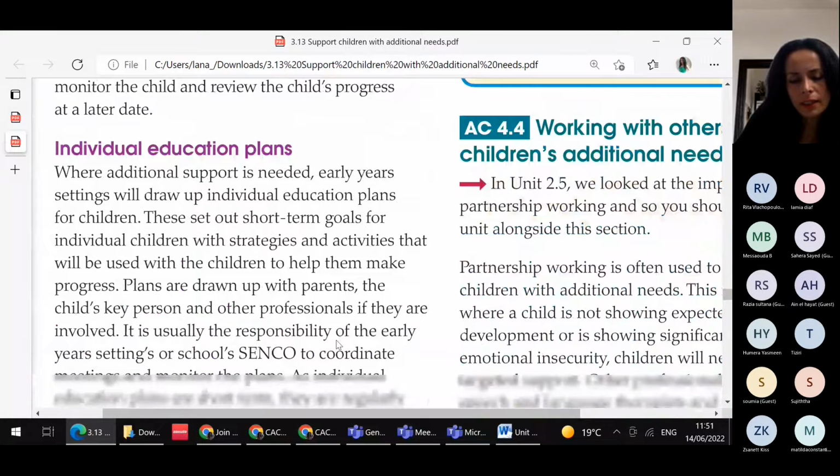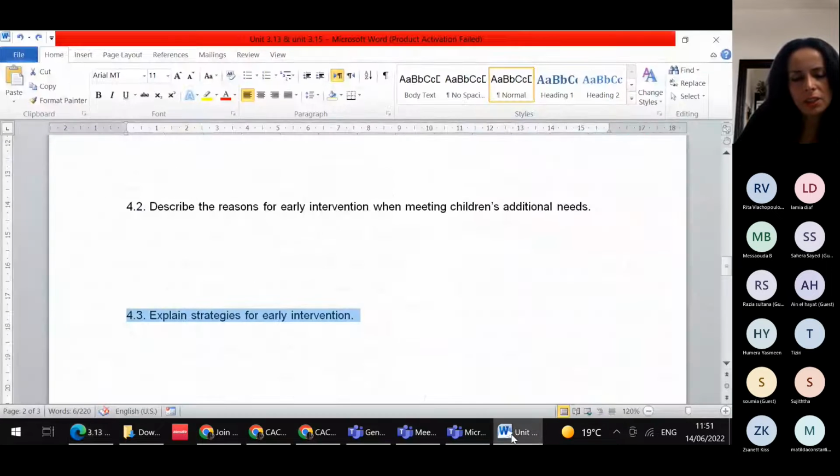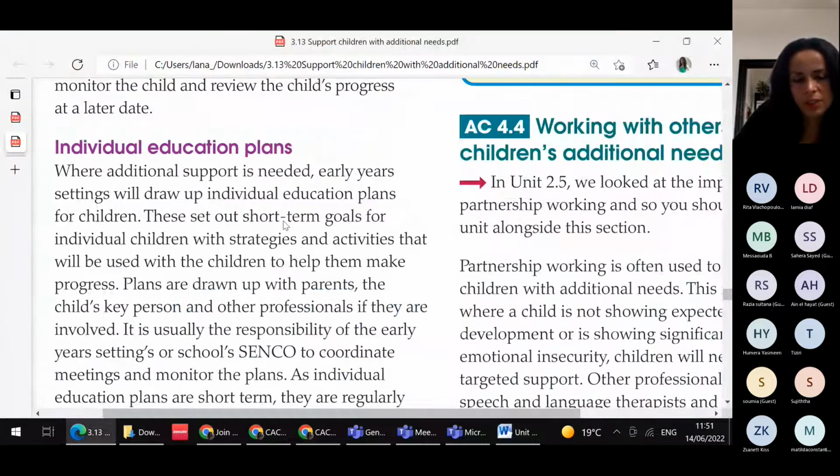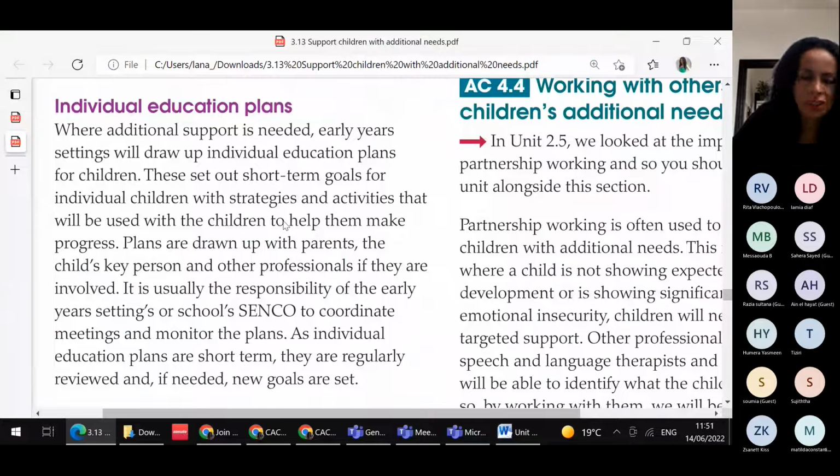Another strategy to intervene with the child's progress is individual education plans. For us as practitioners, we give additional support. If the child has got additional needs, we give him or her additional support.